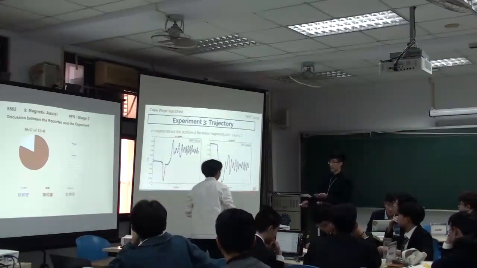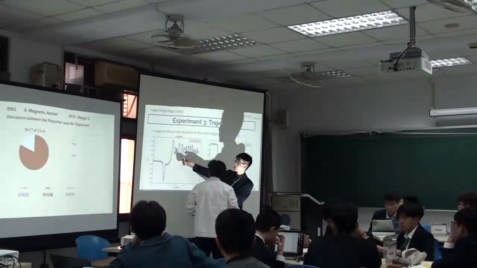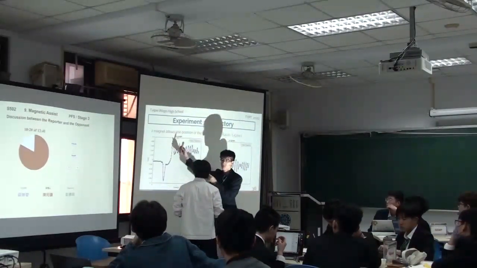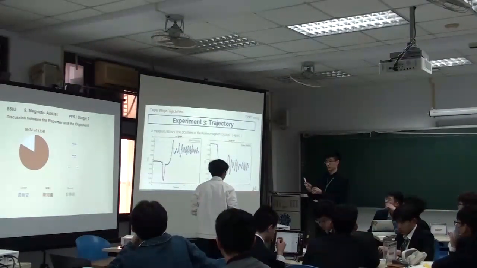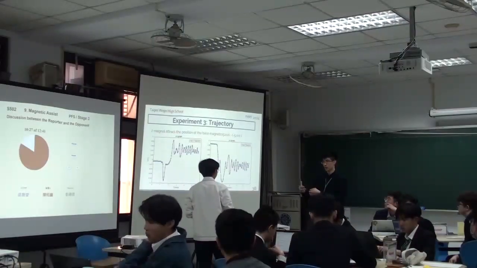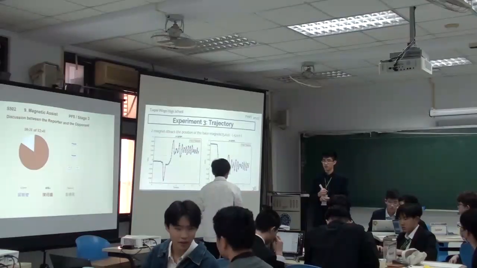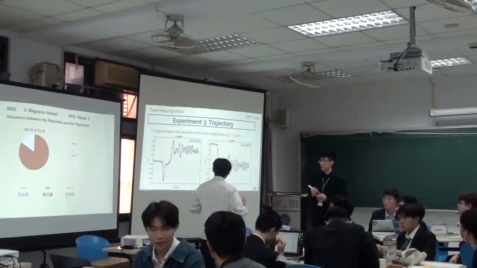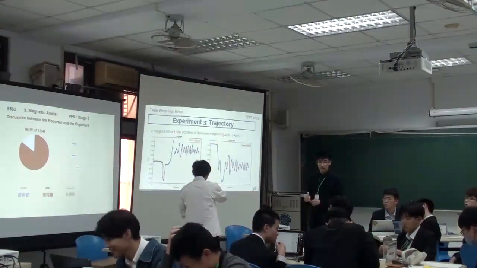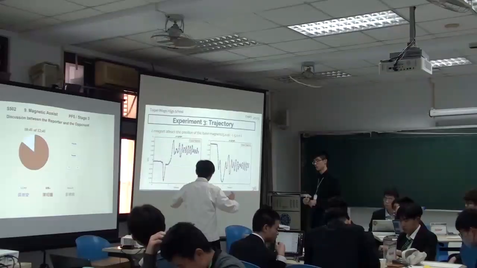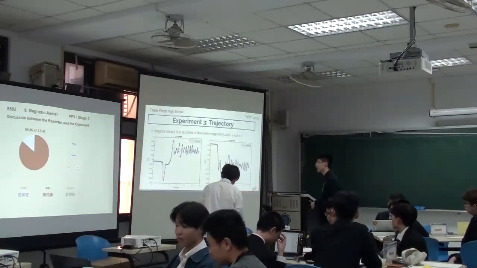I would not say that. I would not suggest comparing in this situation, because in this graph it's two magnets and also attracting, but in the previous one, it's one magnet but repelling. There are too many differences there. So I'm not sure whether you can compare these pictures to get one conclusion. Okay, so you don't suggest showing the trend of the x axis movement change comparing two different numbers of magnets.